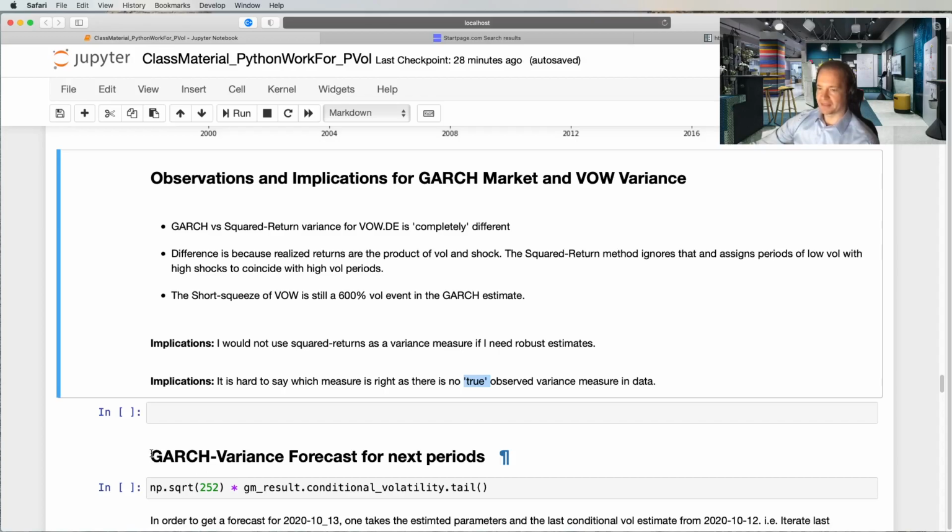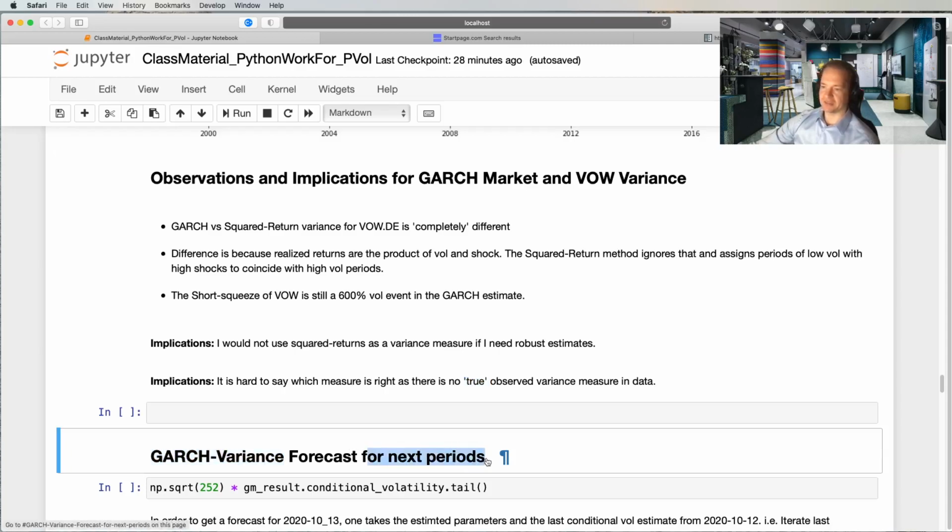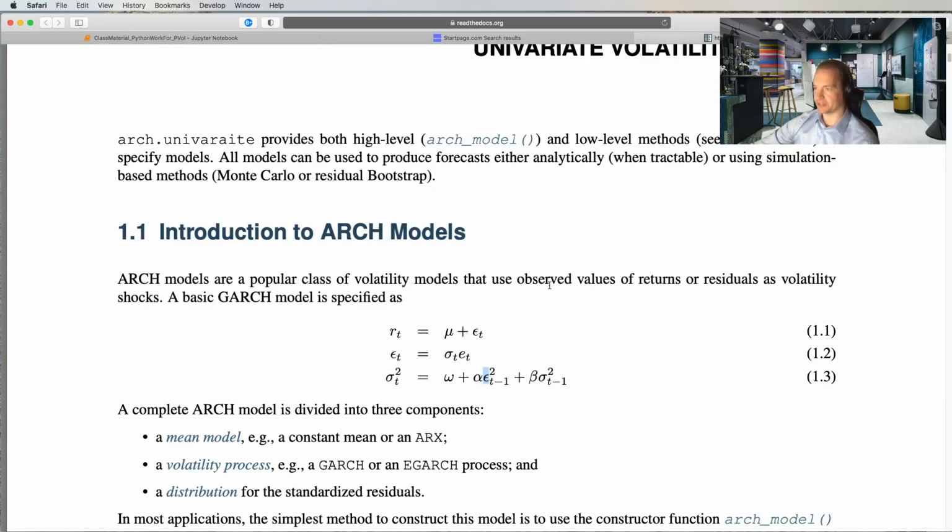Now, the GARCH allows us to make a forecast for the next periods. Why? Because it's a parametric model. If the parameters are estimated, we have a time series for the conditional volatility or the conditional variance, and we can also extract the return innovations.